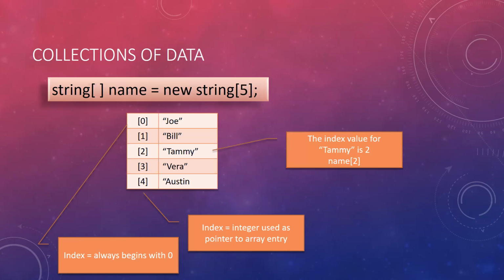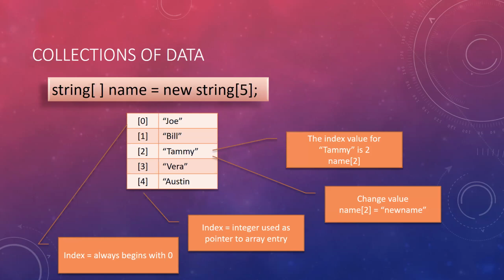So if I'm looking for that entry Tammy in my array, that would be index number 2 of my array. I could refer to this entry as the array name followed by the index value of 2. So I'm looking at array name, index value 2 to find Tammy.